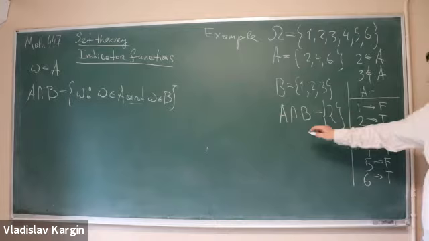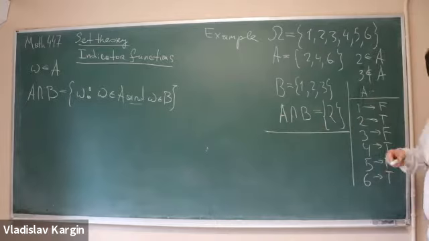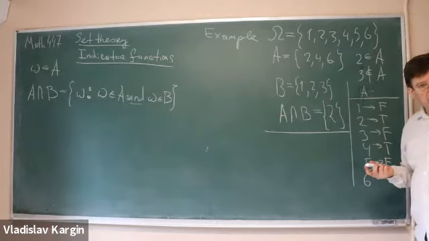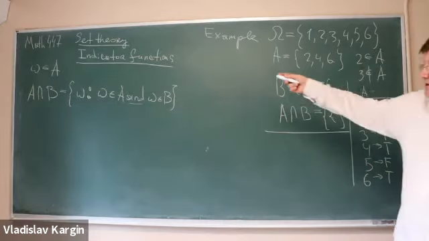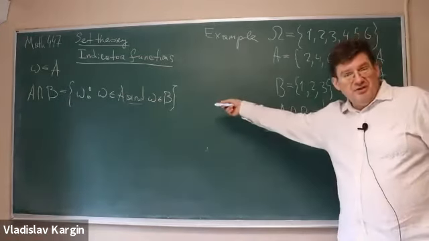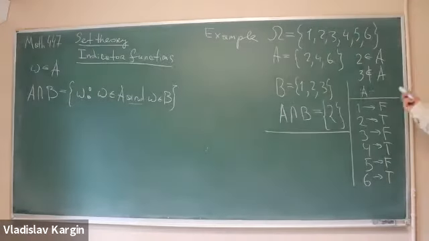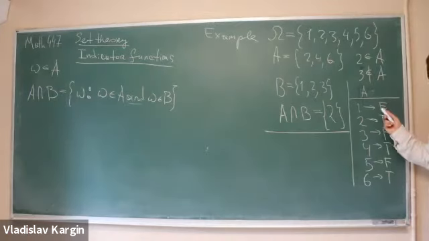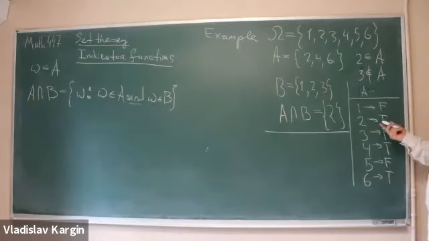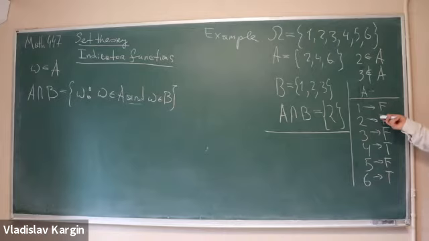So let me immediately say what the indicator function of this set is. After that I'll tell how it relates to the intersection. The indicator function of a set is just that instead of false you write 0, instead of true you write 1. Because a computer doesn't know what false or true is, it knows 0 and 1.